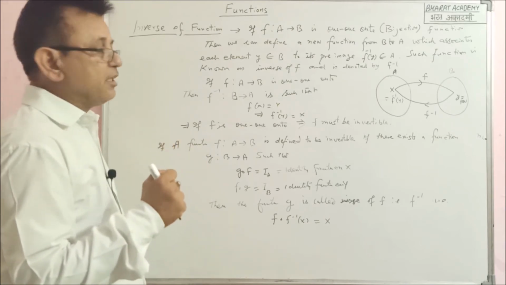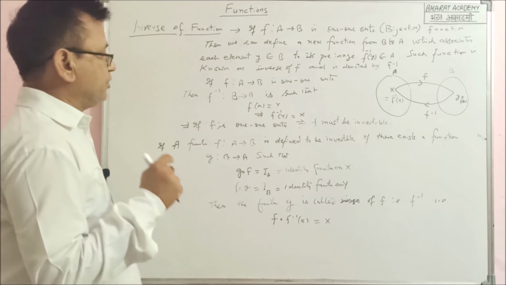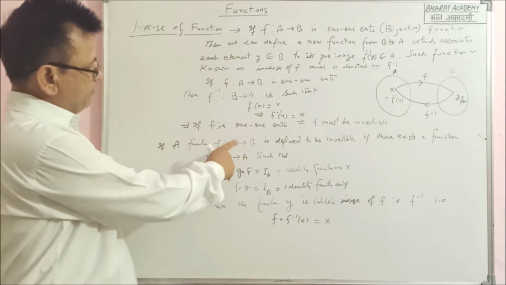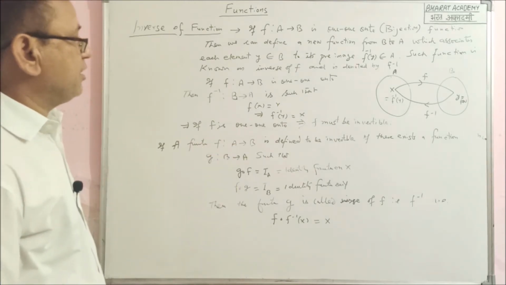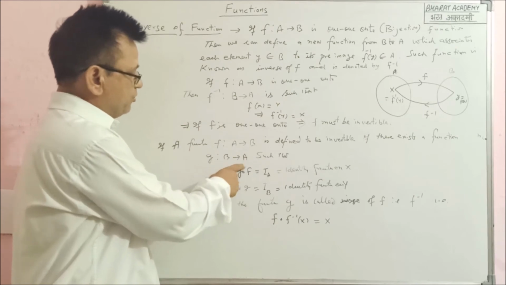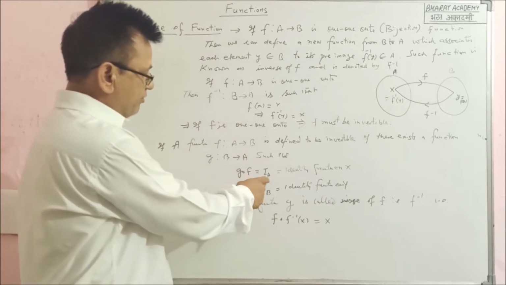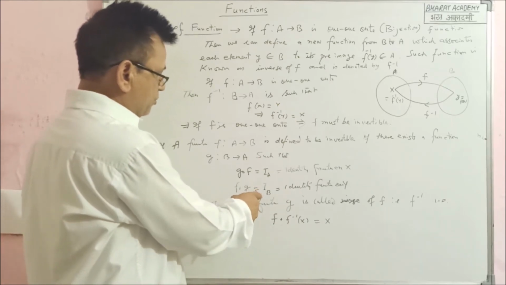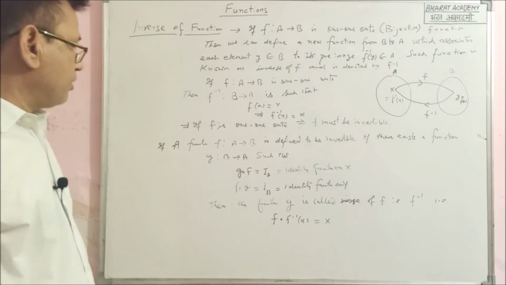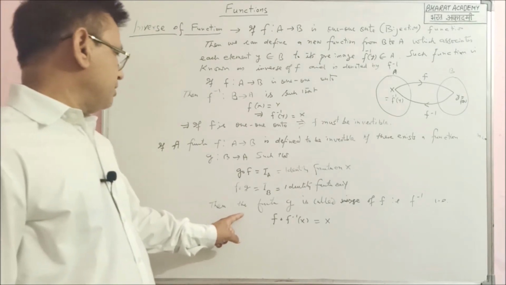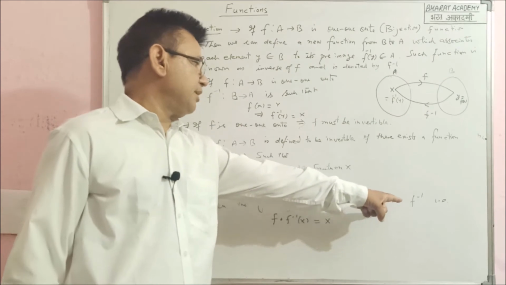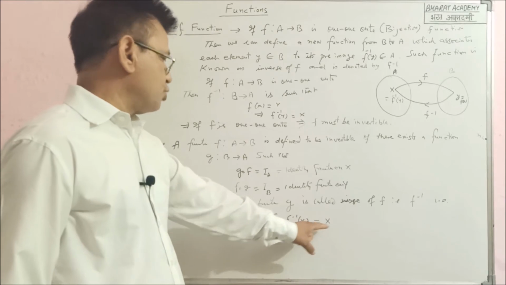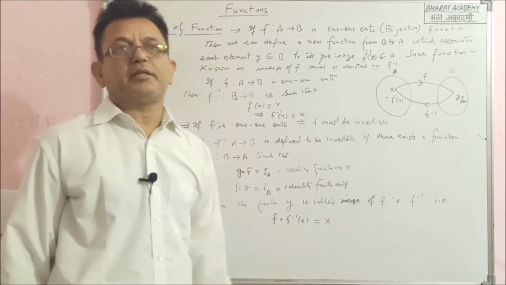For any function f to be invertible, we have to prove that the function is one-one and onto. A function f from A to B is defined to be invertible if there exists a function g from B to A such that gof is the identity function on A, or fog is the identity function on B. Or you can say in another way, the function g is called the inverse of f, that is f inverse, so f of f inverse of x should be x, since this is an identity function.